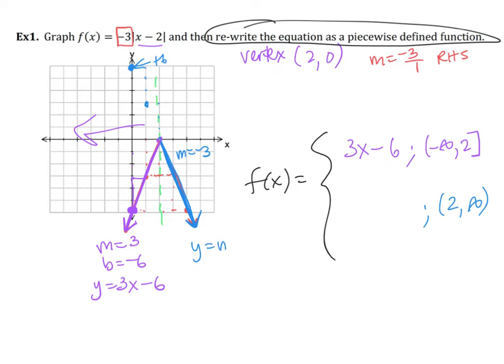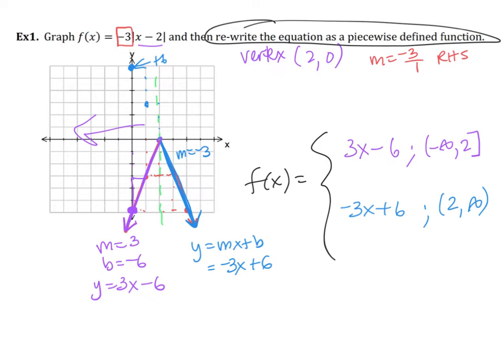So if I'm doing the y equals mx plus b thing again, my slope is negative 3, my y-intercept is positive 6, so this time I'm going to get negative 3x plus 6, and then that is only the right-hand side of the equation, so it's going to be from 2 to infinity.